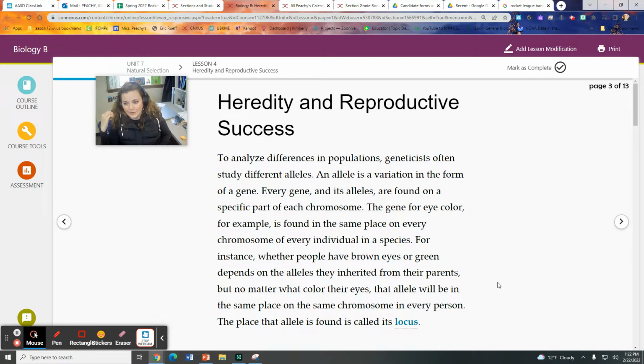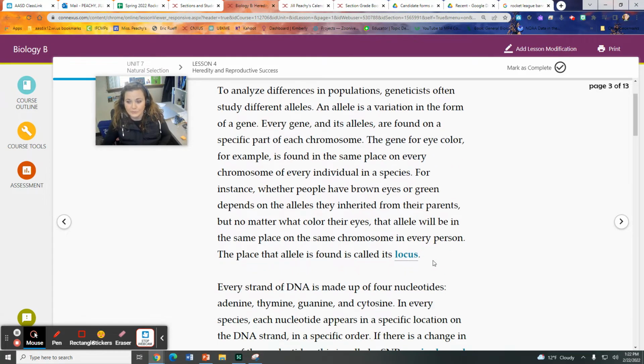Within them there are genes, and a gene that codes for a specific trait comes in variations called alleles. For example, the gene for eye color has different variations, and those variations are different alleles for eye color, right? We've talked about this before. Brown eyes or green eyes, those represent the different alleles.